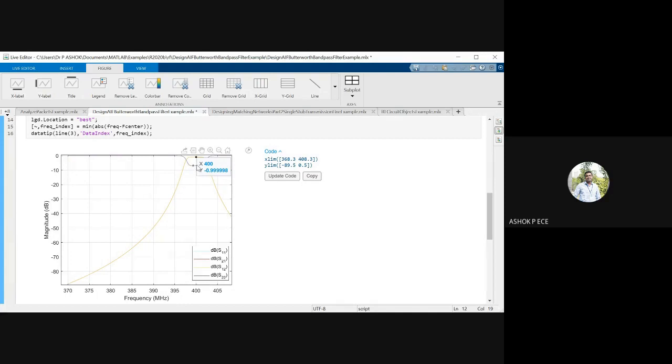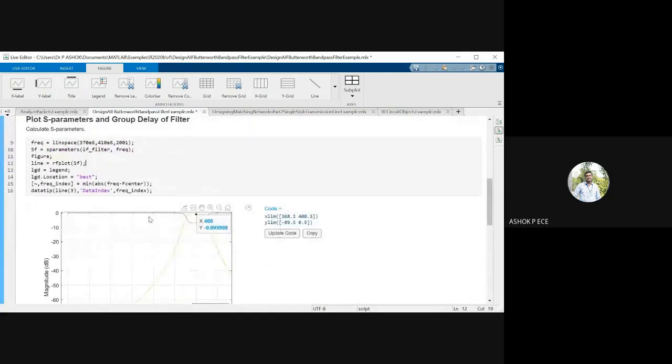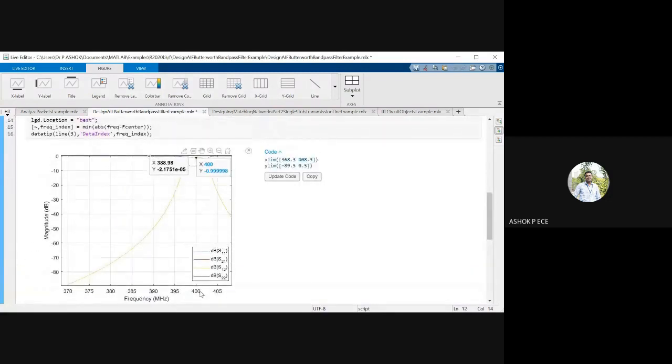Minus 10 means that at 400 the reflection coefficient is very low, which means all the signal which is transmitted is being sent to the output. So this is the RF plot object. RF plot will plot the magnitude response, frequency versus magnitude. Our design frequency is 400, and you see you are getting a perfect flat band at 400. That is what I said.